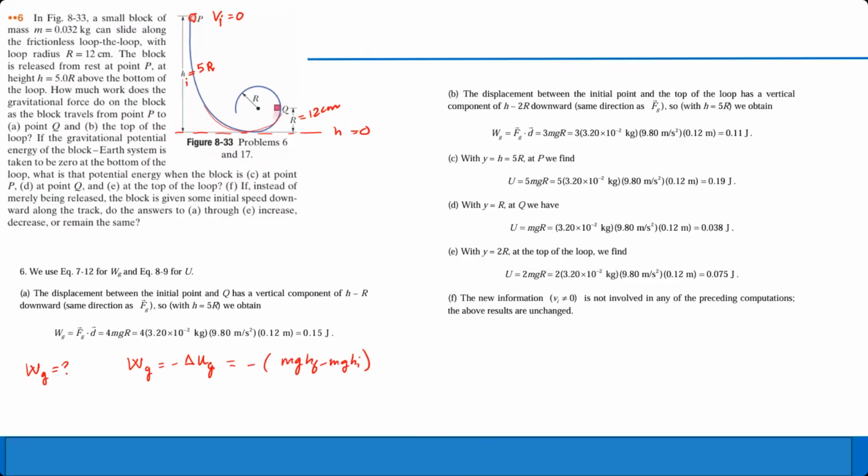I want the work done by gravity from point P to point Q. So H initial is 5r, and H final is the height at point Q. Look at point Q, the height is the radius itself. So I'll put r here.